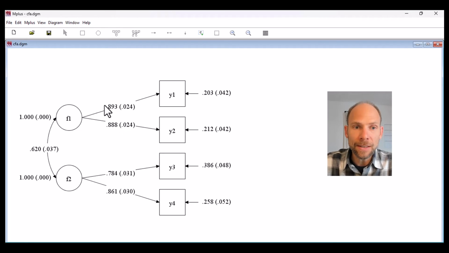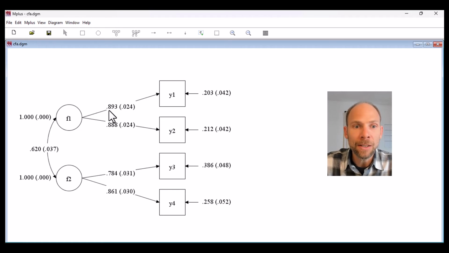Now these loadings have a different interpretation than the unstandardized loadings, since now all variables have unit variances, and because each variable has a loading on only one factor, those standardized factor loadings can be interpreted as correlations between the variable and the factor.